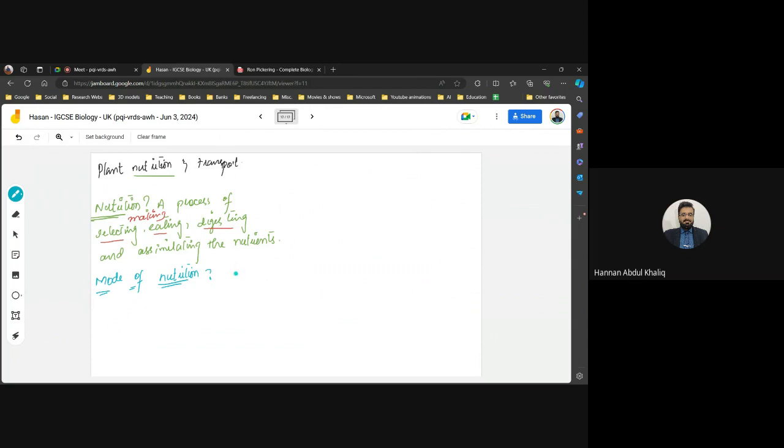Mode of nutrition means how an organism would acquire food. You know very well that the concept of selecting, and acquiring also comes in.